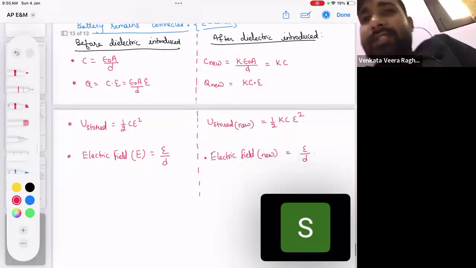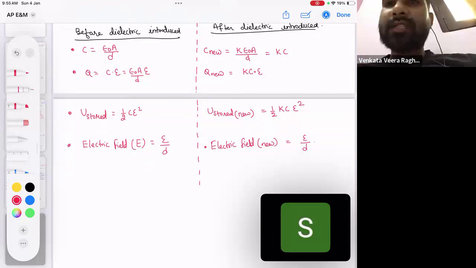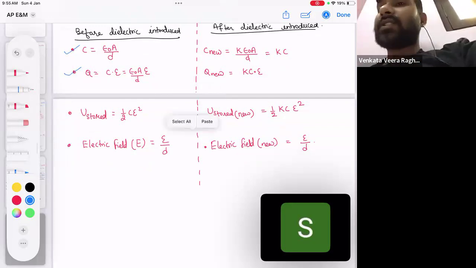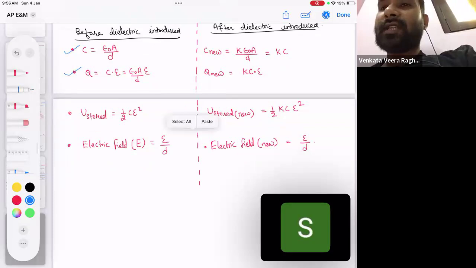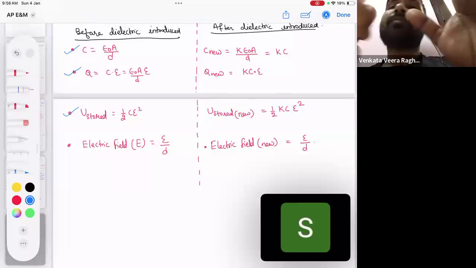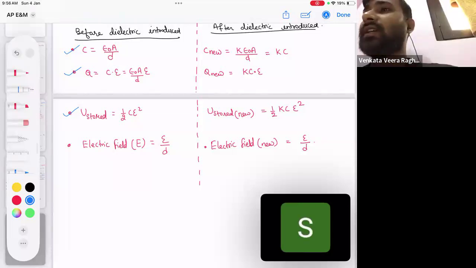Voltage difference did not change. So what are the things that got changed? Capacitance got changed, it increased K times. Charge got changed, it increased K times. Energy got changed, it increased K times. Understood? Electric field and potential difference did not change in the question.